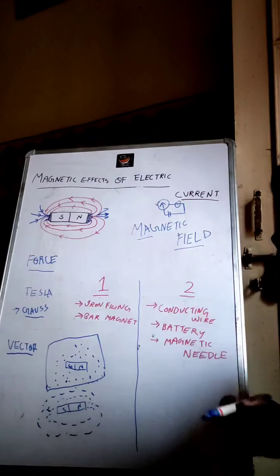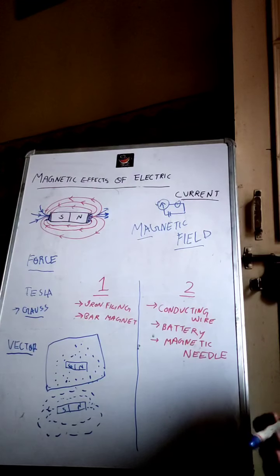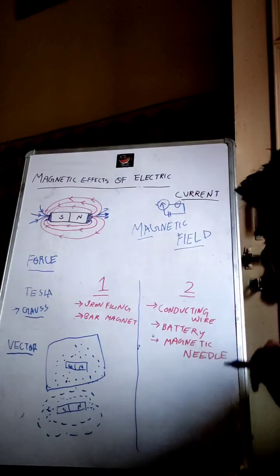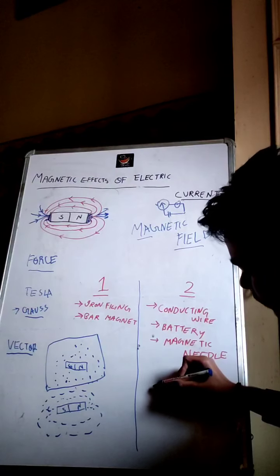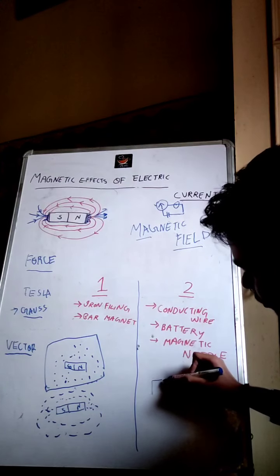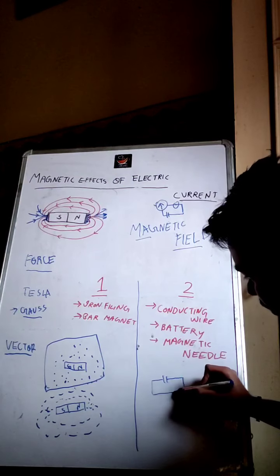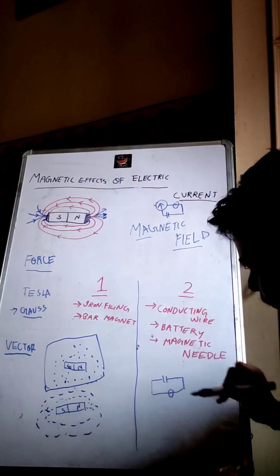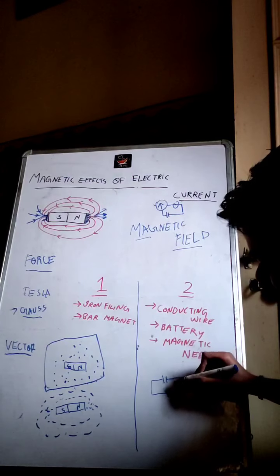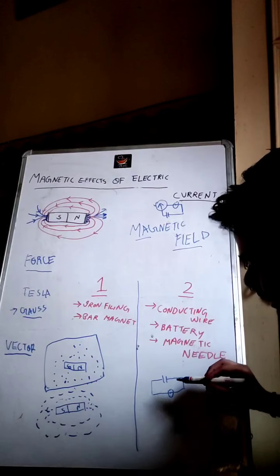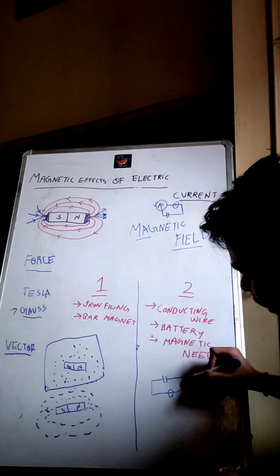Second, you can find the direction of the magnetic field. You will need a conducting wire, a battery, and a magnetic needle. This is a conducting wire, this is a cell, and this is a switch. After you close the circuit, the current will start to flow.